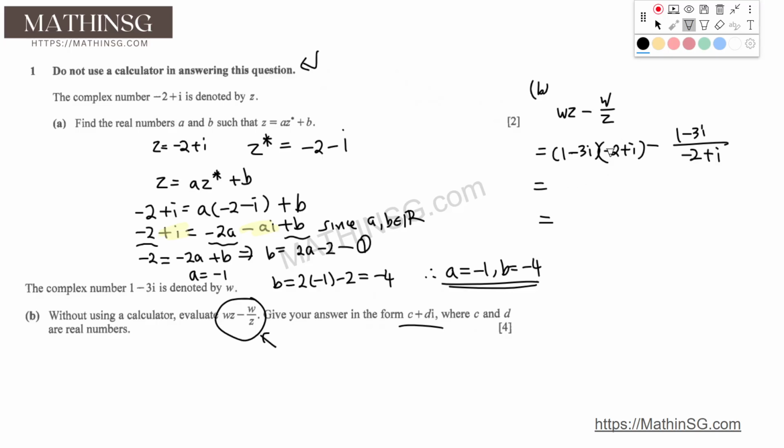So this, let's first do it. Minus 3i squared, so that means it's plus 3 because i squared is minus 1.